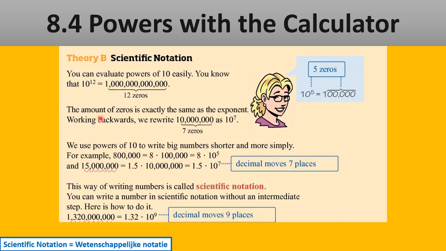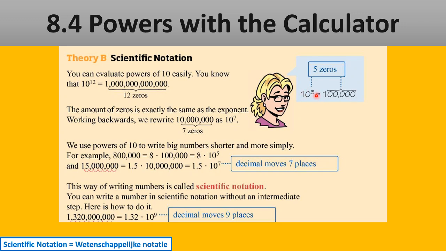Because powers of 10 we can easily use to evaluate some number. For example, 10 to the 12th power just means a 1 followed by 12 zeros. 10 to the second power is 100, that's a 1 with two zeros. 10 to the 5th is a 1 with 5 zeros.